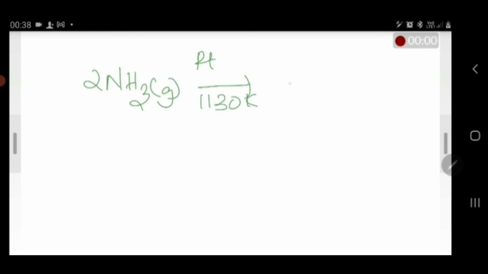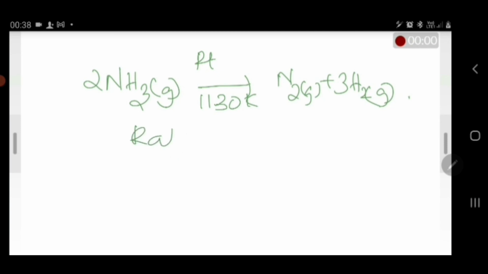Certain enzymatic reactions are like that. The best example is the decomposition of ammonia on platinum catalyst at 1130 Kelvin at high pressure, giving N2 plus 3H2. This is the best example for zero order reaction.